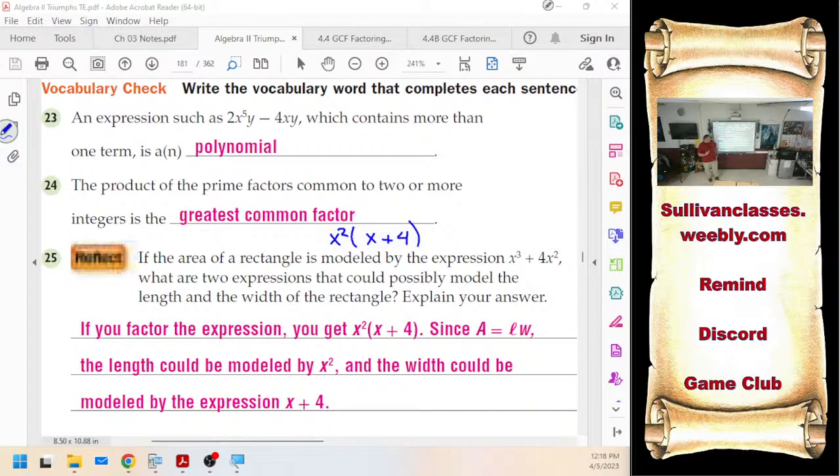But what if I just didn't take everything out? What if I only took an x out of 2x? If I only took one x out of there, I'd have an x squared and a 4x left over.